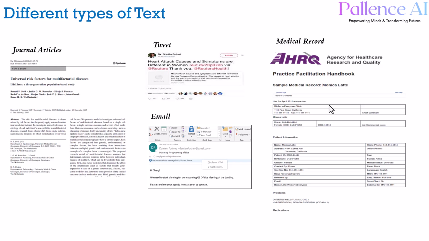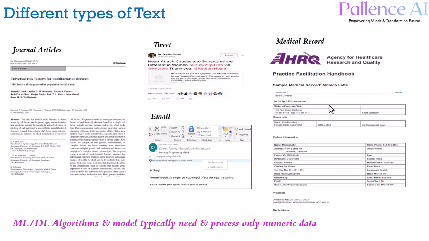You could have biomedical records, clinical records, or all kinds of data that is based on text. But for machine learning or deep learning algorithms, they need the data in numerical format. So we need to convert this text data into some kind of a numeric format.